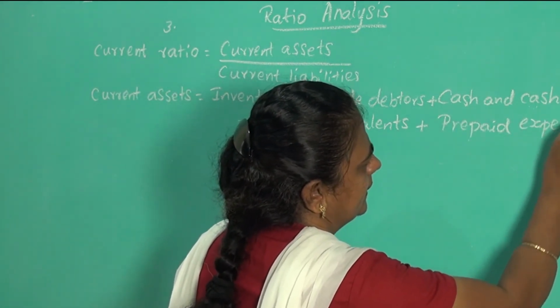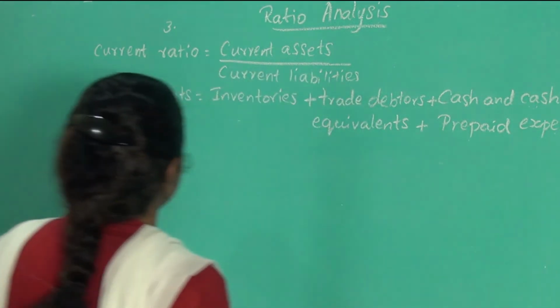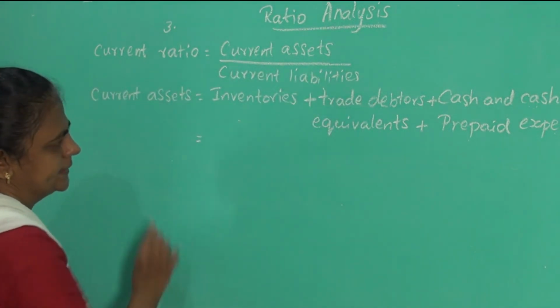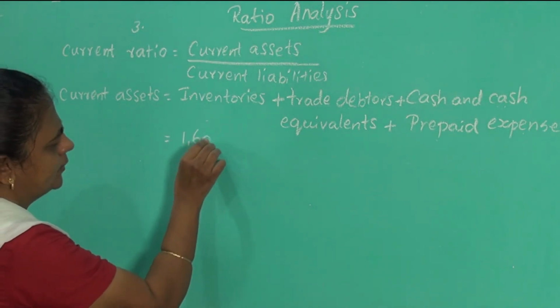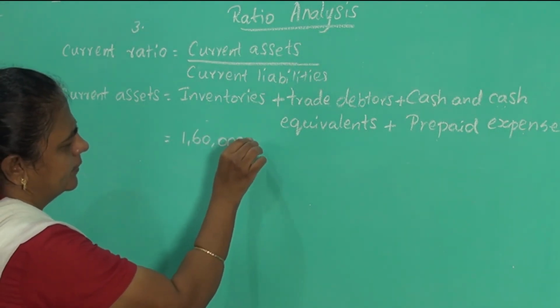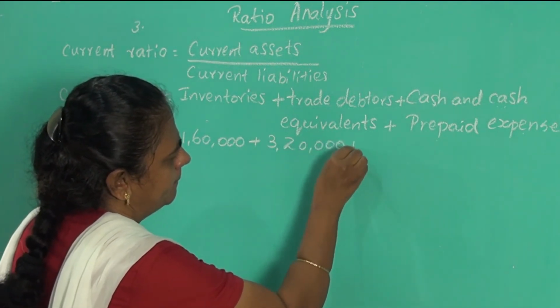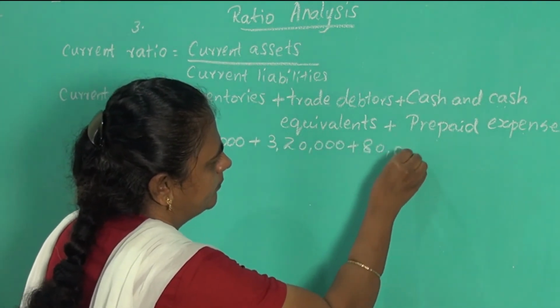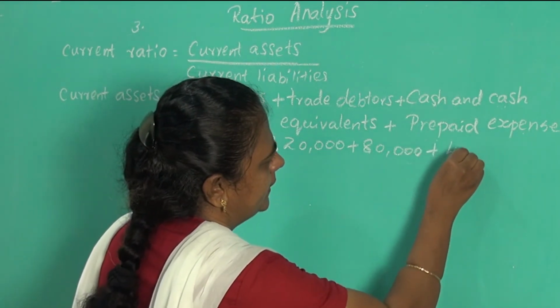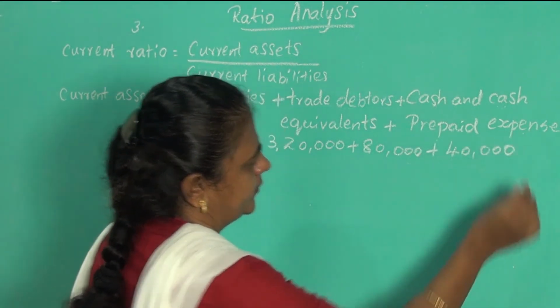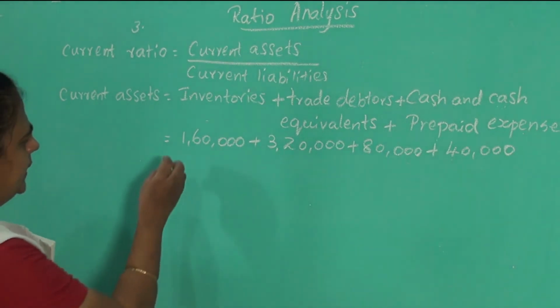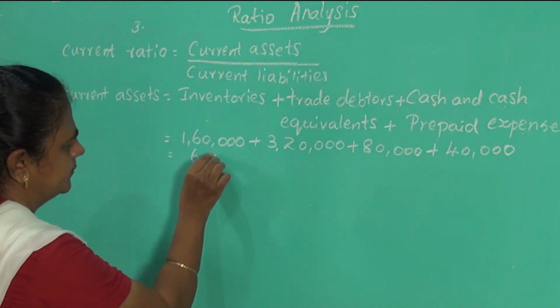All these are coming under current assets. So take and write 1,60,000 plus 3,20,000 plus 80,000 plus 40,000. So add all that. So you will get 6 lakh.